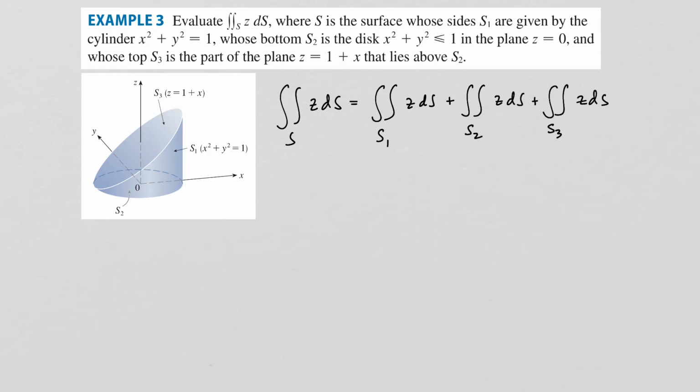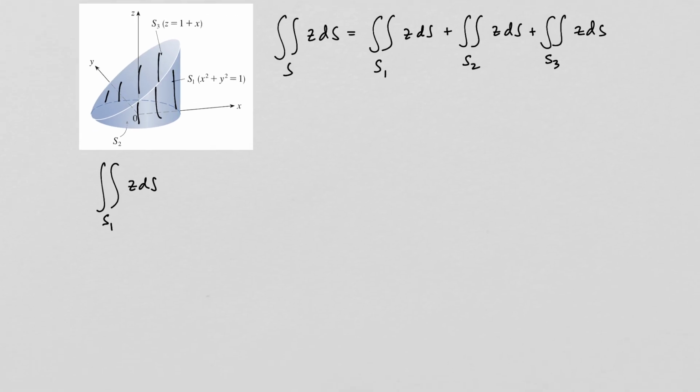So first, let's focus on S1. So if we want to look at the double integral over S1, S1, of course, is this cylinder that you see here. And because it's a cylinder, the easiest way to do this is to do some kind of a parametric representation, right? So on that cylinder, we know that we can parameterize x and y by letting x equal cosine of theta, y equal sine of theta.